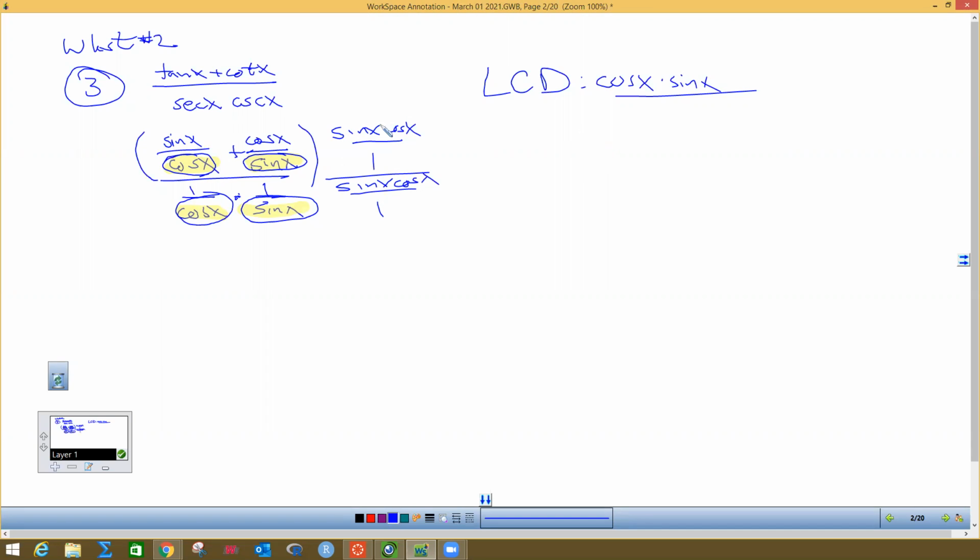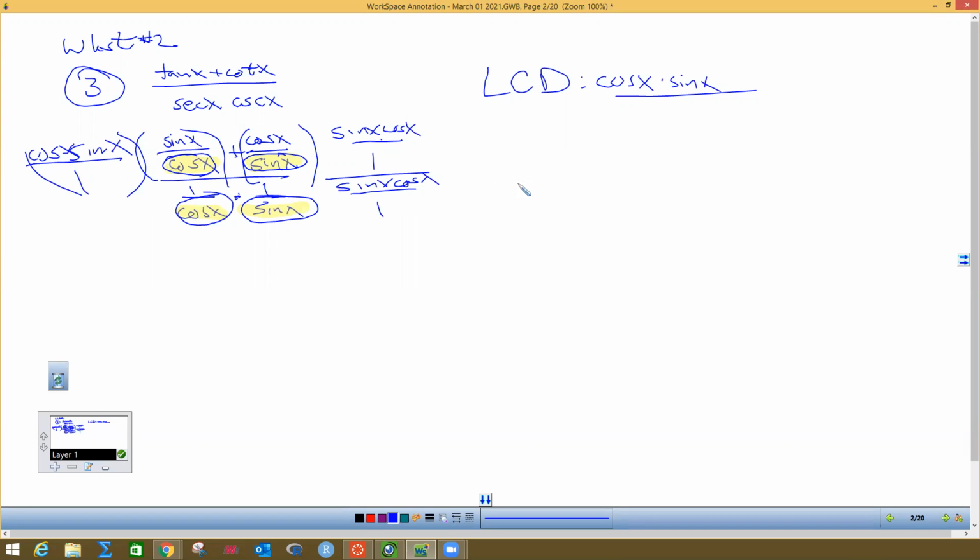So on the top, I'm supposed to distribute this to both these parts. So it's this times this, and then I rewrite it over here, this times this. So I'm taking this thing and I distribute it, so it's right here.